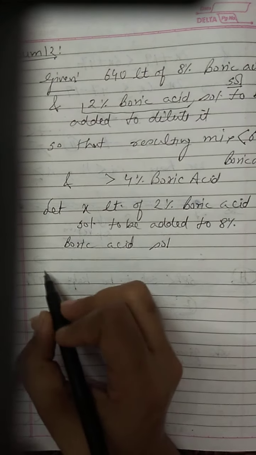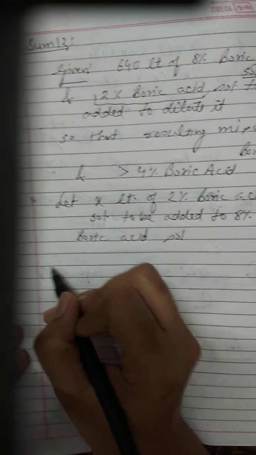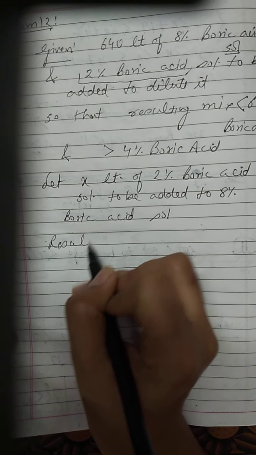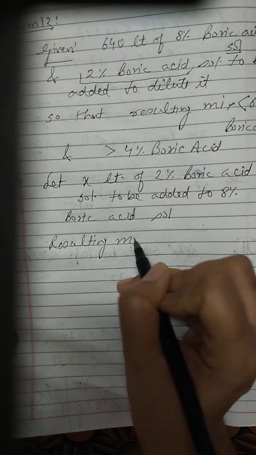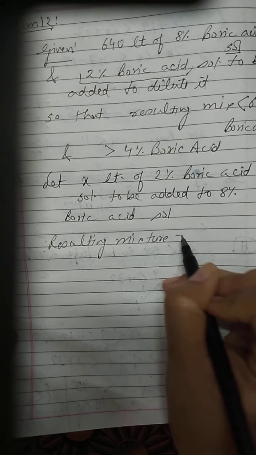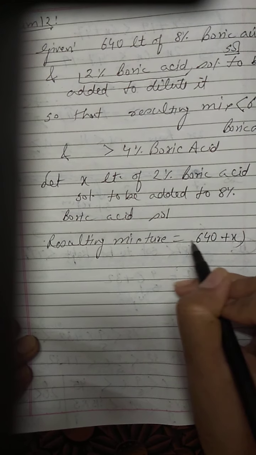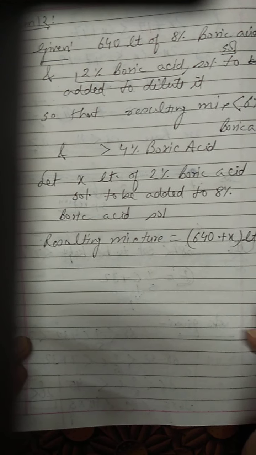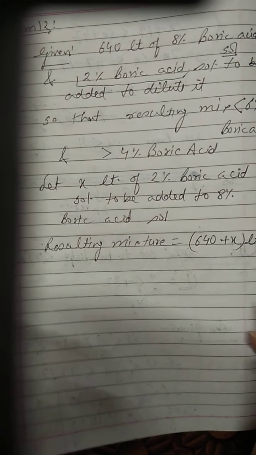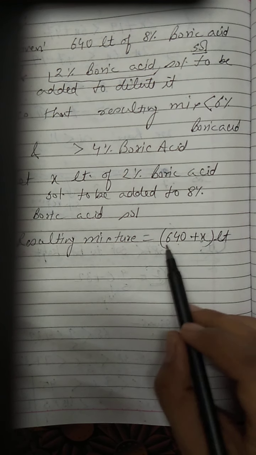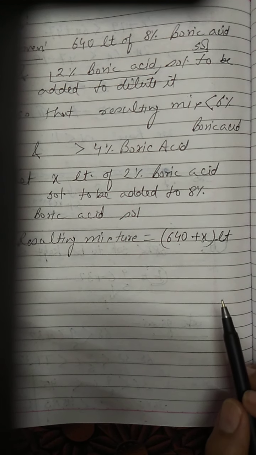So the resulting mixture, what we will have then, we will write down. How much will we get? Already we have 640 liters. To this we are adding x liters. So this will be the total volume of the mixture. That means 640 liters plus x liters. So that will be the total measure, right?